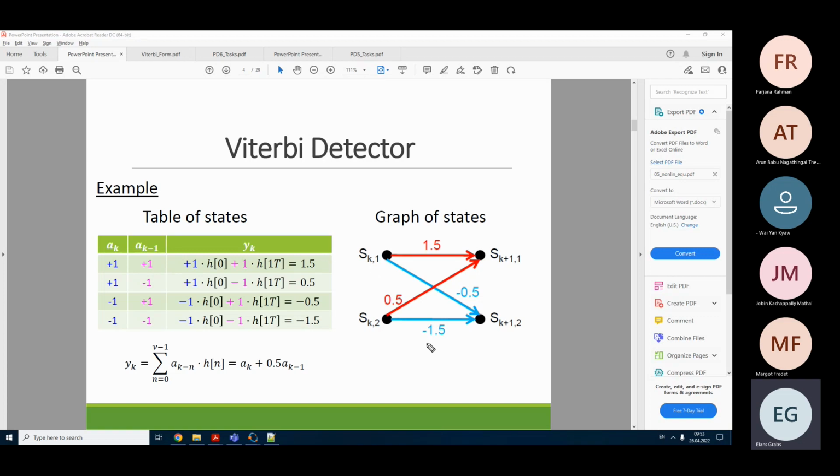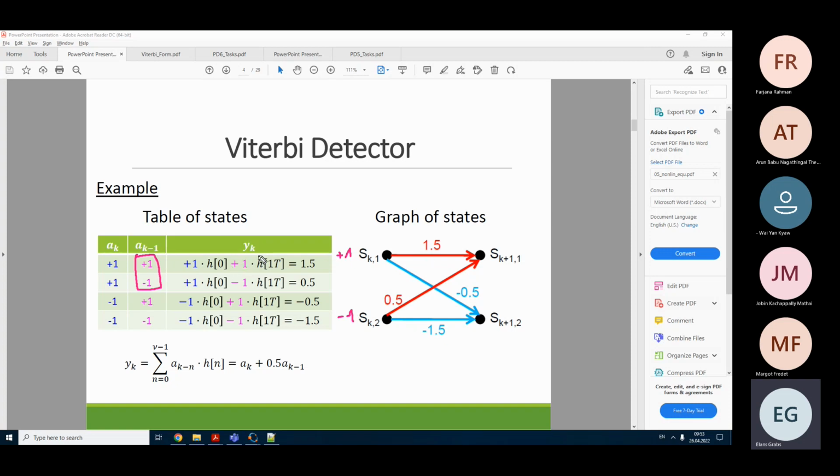So this is a simple case where we care about the previous state and the new state. Basically each of them can be either +1 or -1. In this particular case, only one previous symbol matters, and we only have two possible values for this previous symbol, +1 or -1.